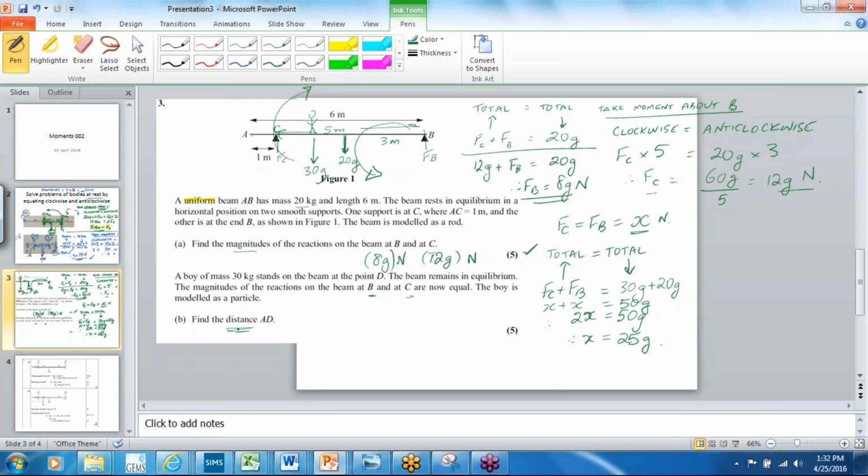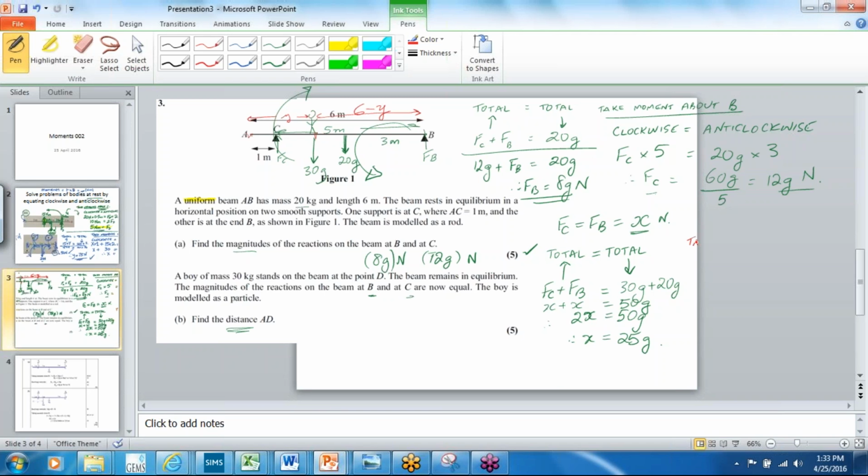Therefore, let's come up with a new variable and call it y from the end. If there's y meters to that point from this end, then it will be 6 minus y from the other end.